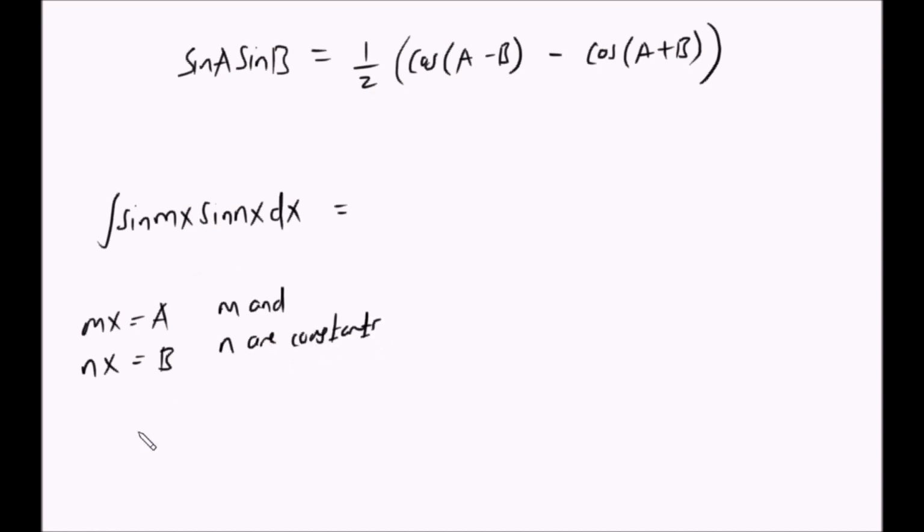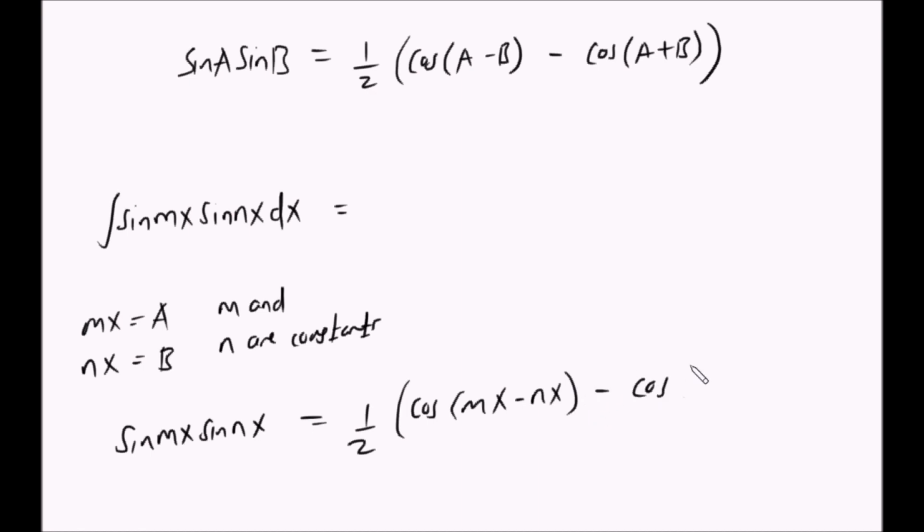So following this formula above, sin mx times sin nx will be 1/2 of cos, say A is mx, so cos of mx minus nx, minus cos of A plus B, now mx plus nx.